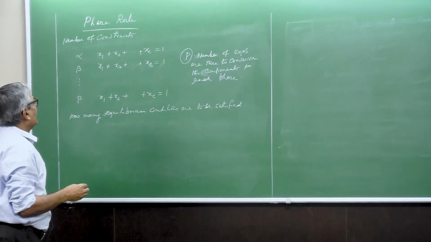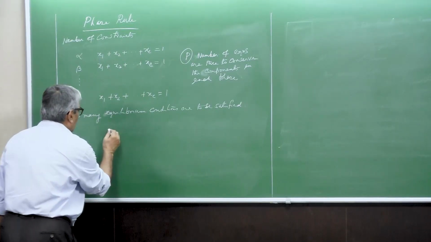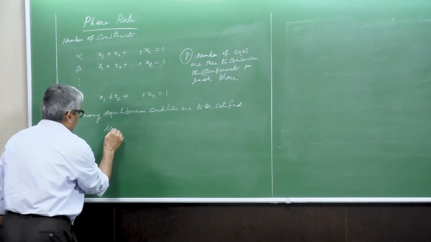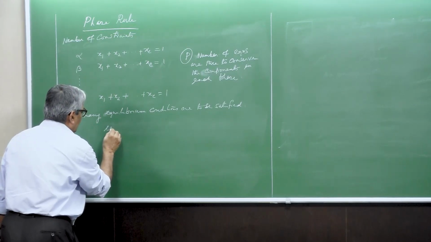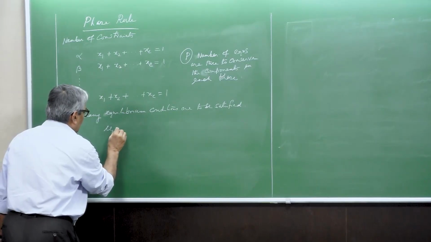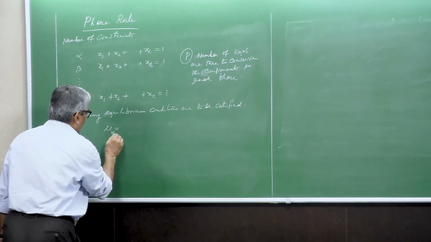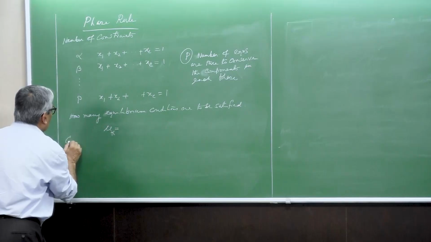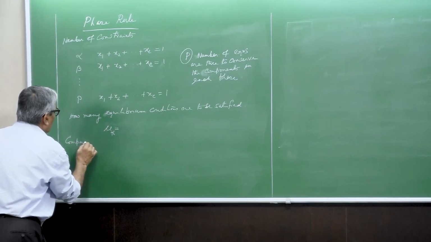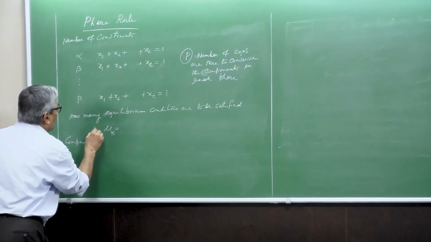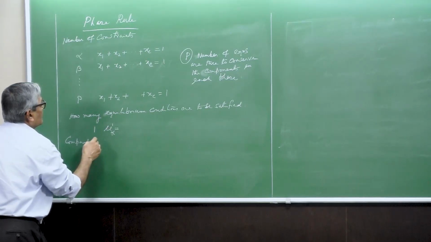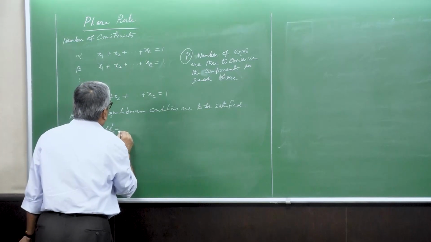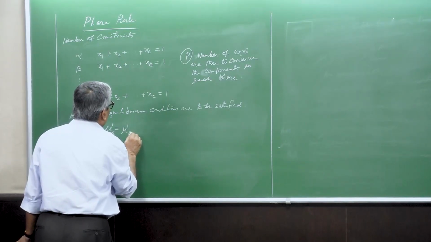Say I assume that mu1, that is mu1 alpha for component 1, equal to mu1 beta.